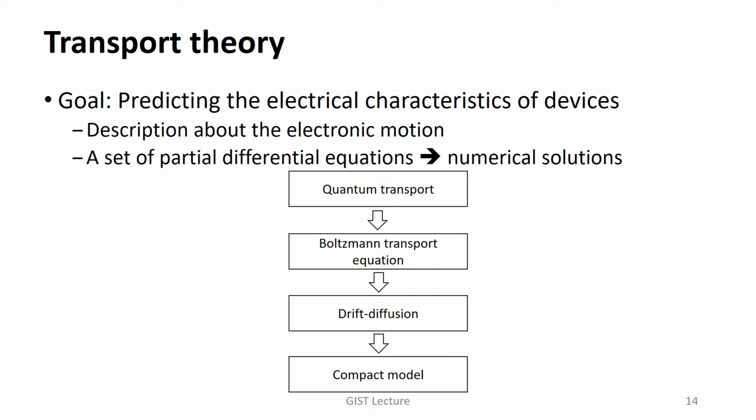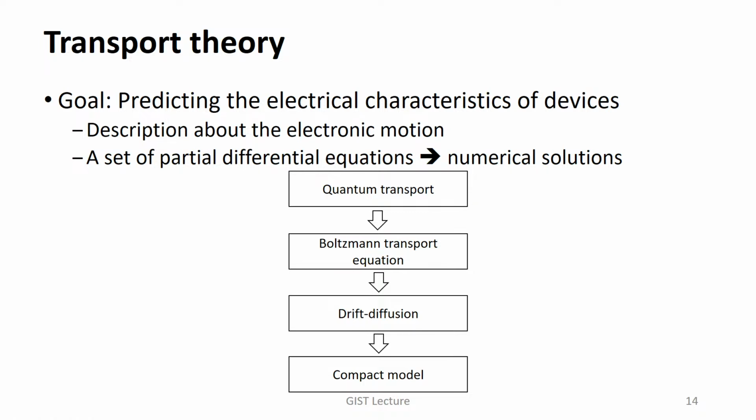So it is enough for us to consider just electronic motion. And they all share the same rule. I mean that since electrons are quantum mechanical objects, quantum transport would be the best tool for transport estimation.